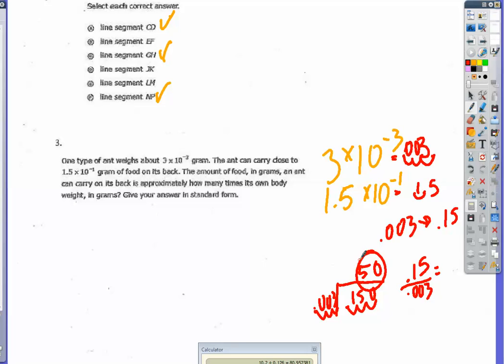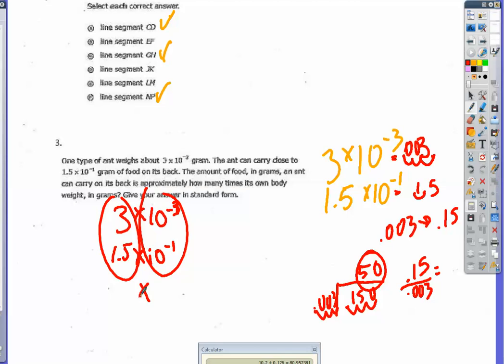Craziness, I know. The other way that I would probably have done this problem is a little different, so I'm going to show it. It's going to make more sense for the 8th graders, but it's never too early to show you fun stuff. So we have 3 times 10 to the negative 3rd, and we have 1.5 times 10 to the negative 1st. Well, I personally would break it into 2 parts, and I would multiply the 2 parts together when I'm done.